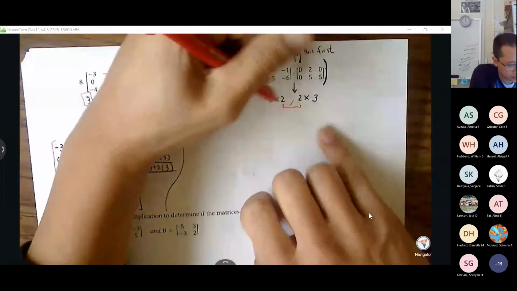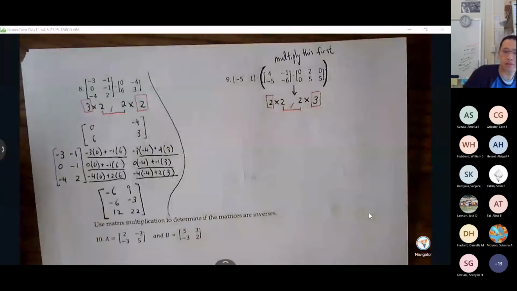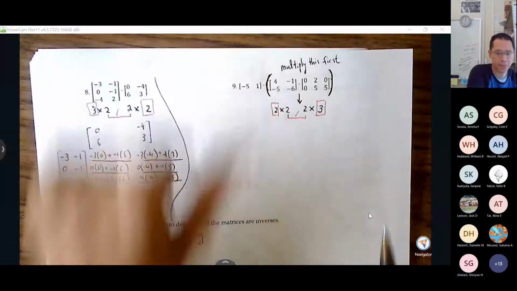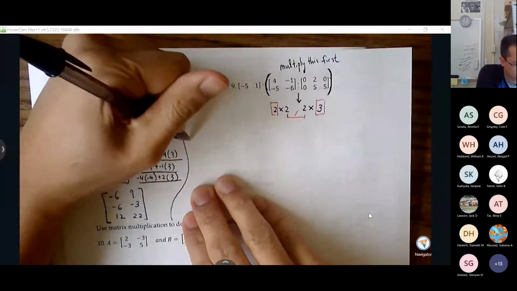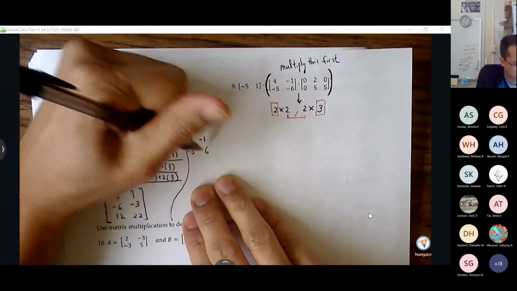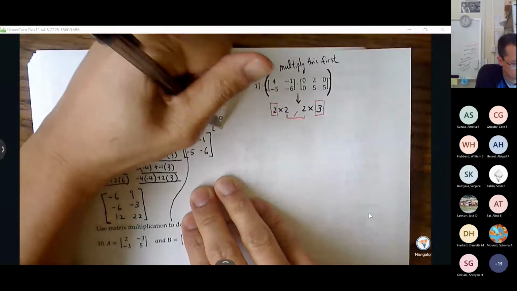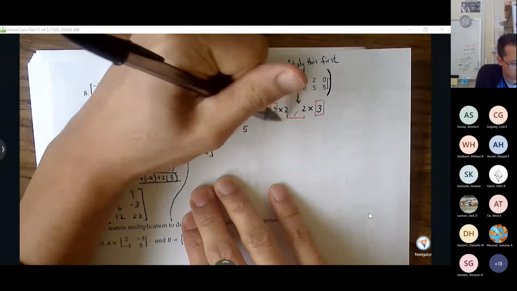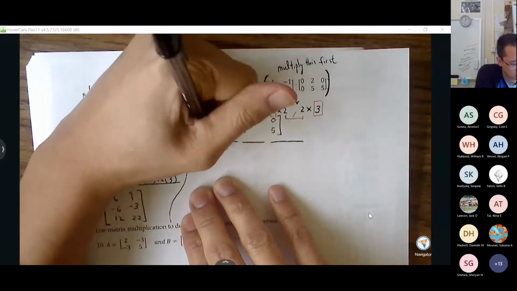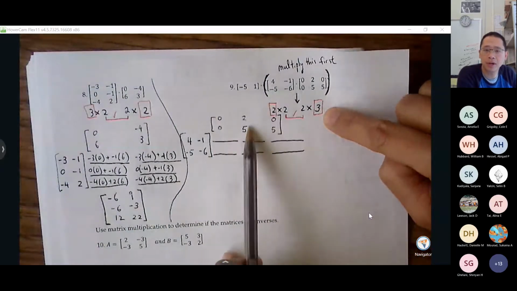Okay, inside dimensions match. We know we're going to end up with a 2 by 3 matrix, 2 rows and 3 columns.